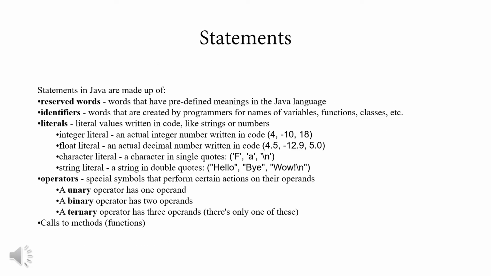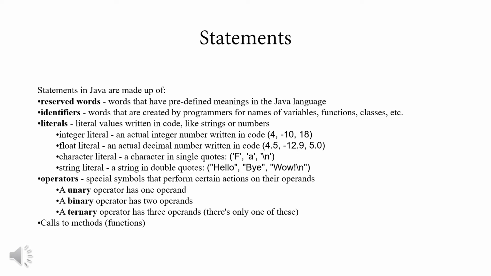So we have in Java statements. Statements in Java are made up of reserved words, identifiers, literals, operators. Reserved words are words that have predefined meanings in the Java language, like int, double, main, right?